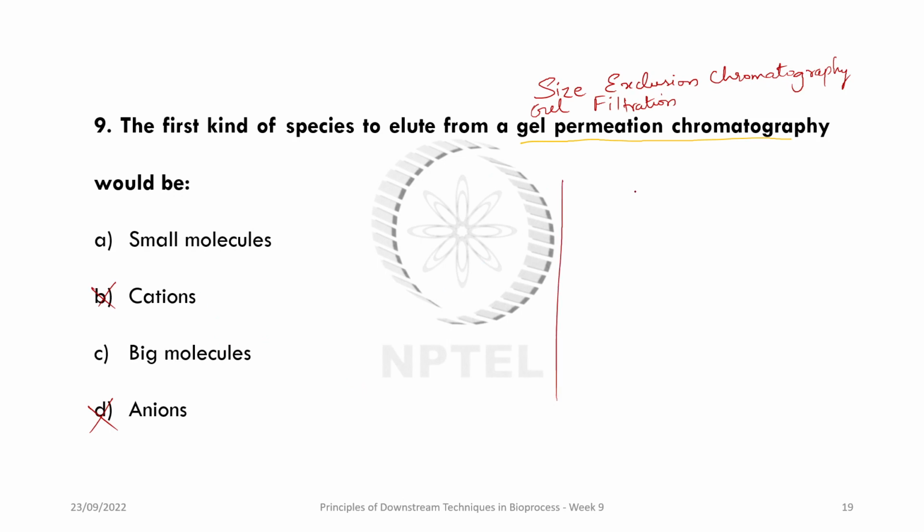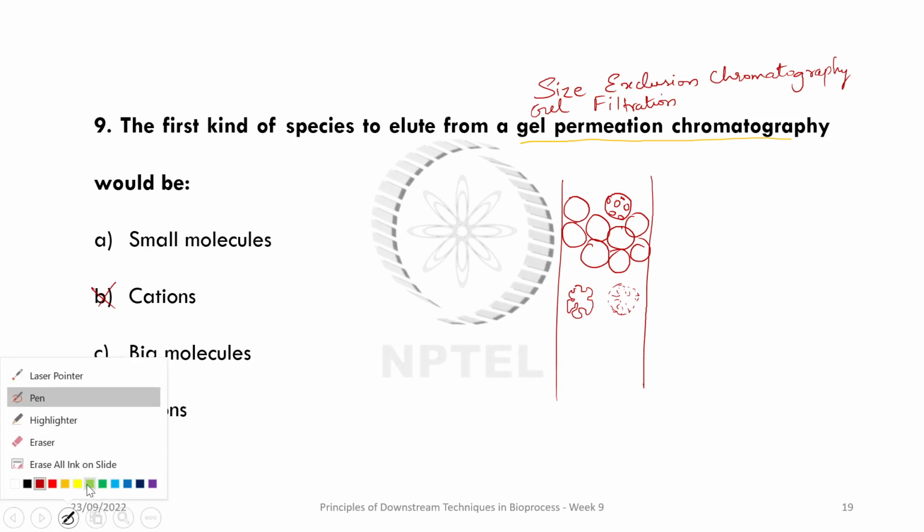So if you have a column and it is filled with beads, and these beads are going to have pores in them. So in a cross section, it's going to have so many pores in them, right? Throughout the spheres, they're going to be tiny pores.